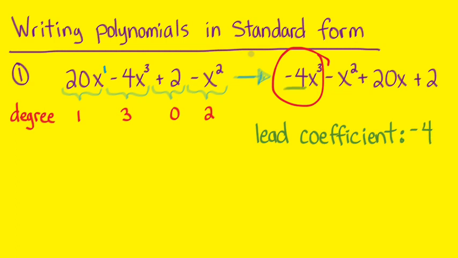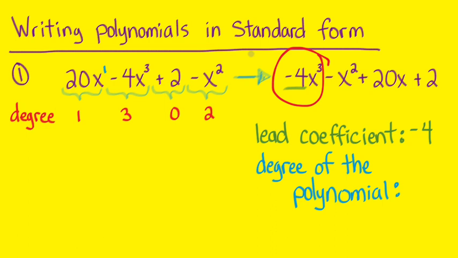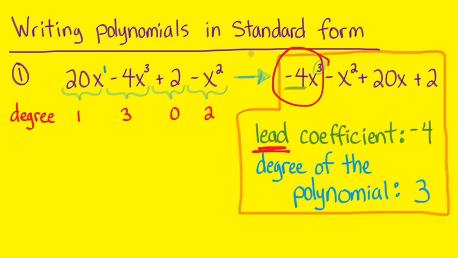So we put them in standard form, putting them according to degree, and often we want to identify the lead coefficient. Also, the lead of this polynomial determines the degree. So the head of the household, that negative 4x to the third, has a lot to do with what we think.